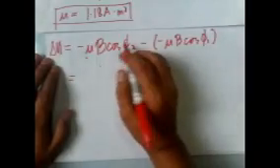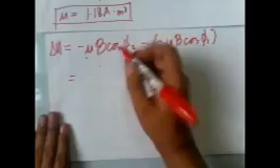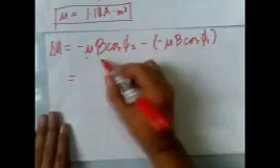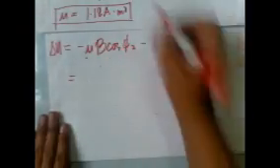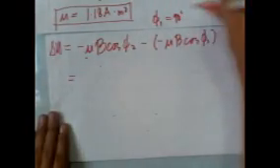So here, to make mu parallel to B, our phi 1 is equal to 90 degrees, and our phi 2, to make mu parallel with B, is 0 degrees.